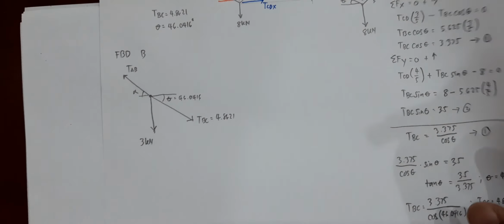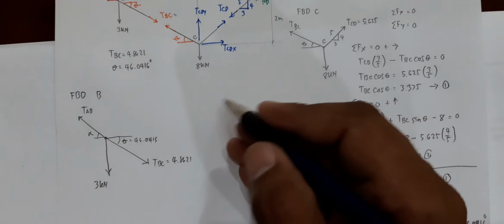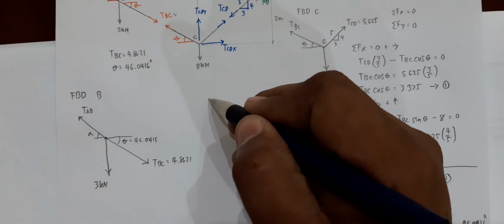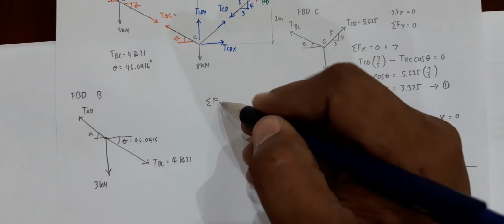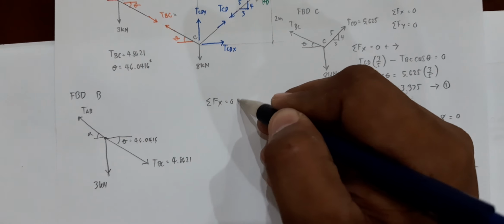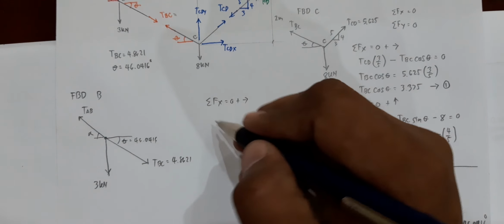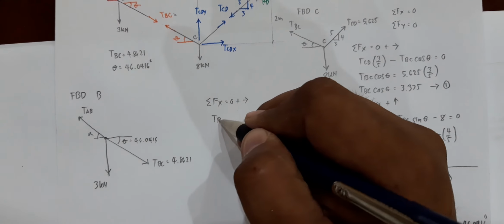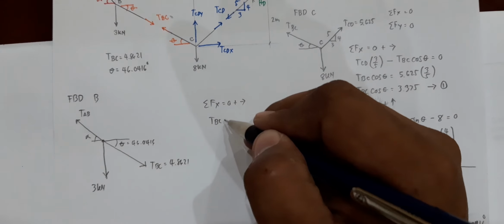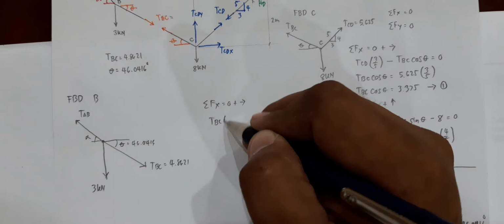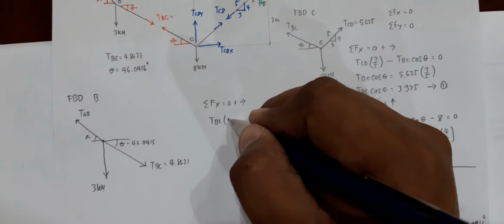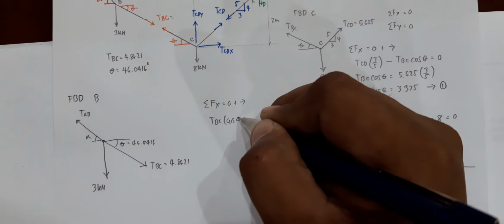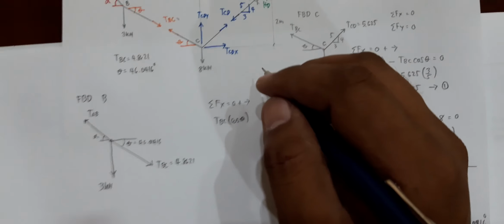Again, same procedure. You would have summation of forces along the x-axis equal to 0. Let's take positive going to the right. You would have TBC times what? Horizontal component, cosine of theta.